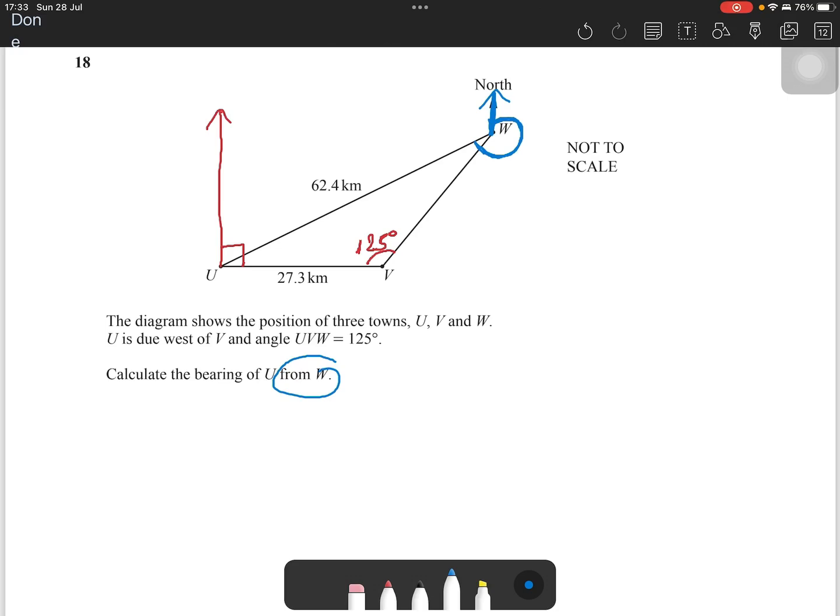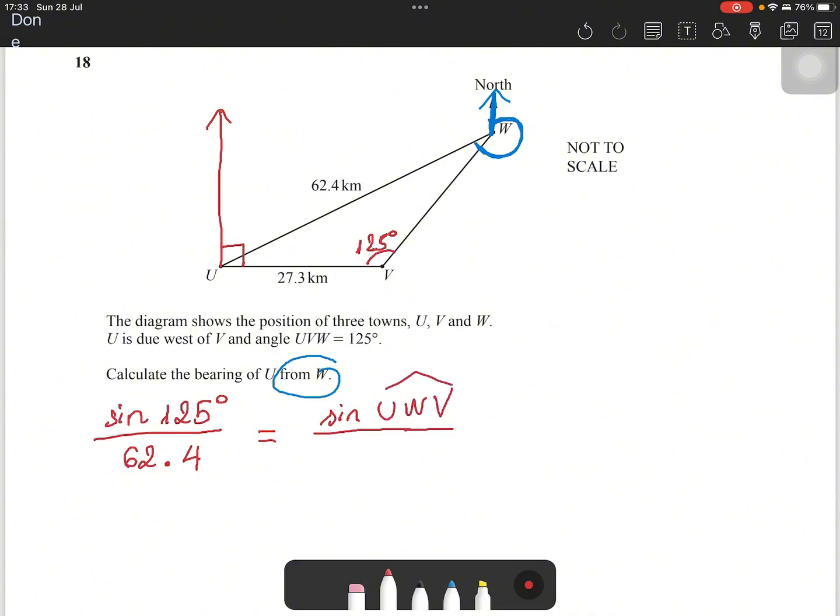We see some angles and the opposite sides, so we will apply the sine rule. The sine rule says that sin 125 degrees over the opposite side, 62.4, is equal to sin of the small angle W, sin UWV, this small red angle, over the opposite side, 27.3 kilometers.